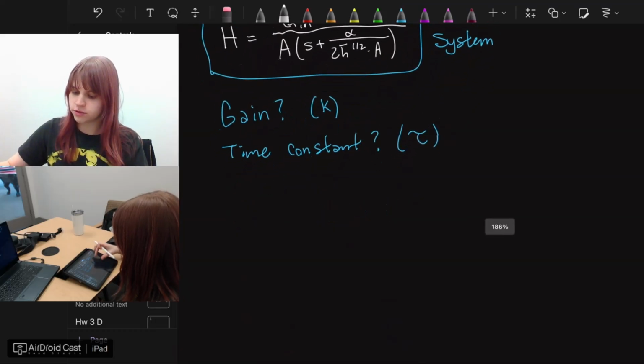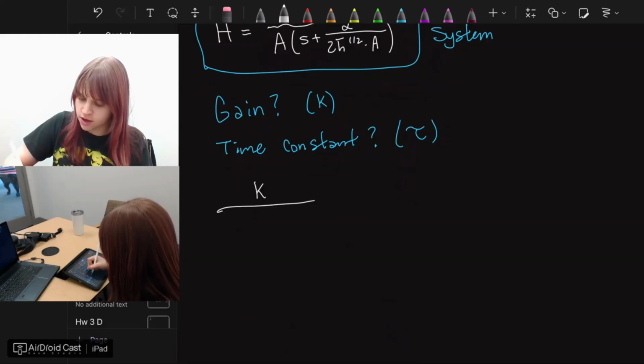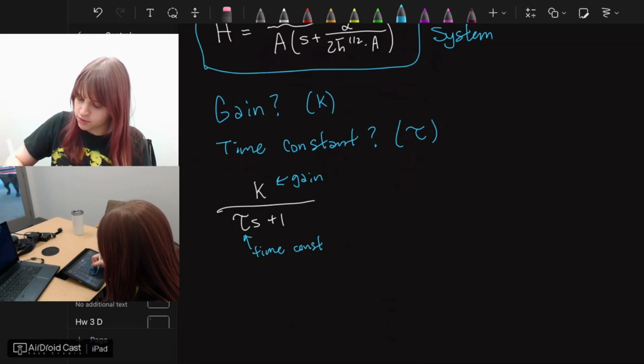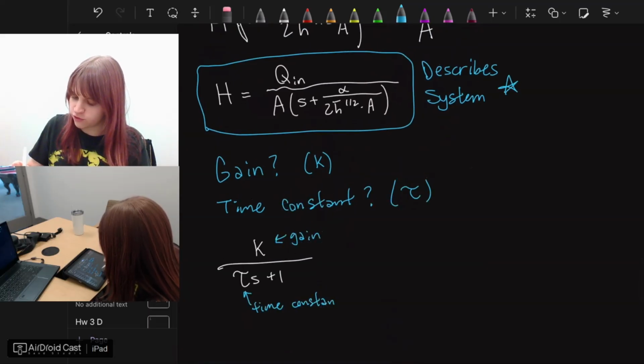In general, this will look something like K over tau s plus 1. Up here is our gain, and then this tau is our time constant. So we want to get our equation up here into this form.